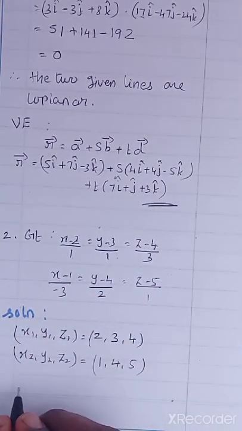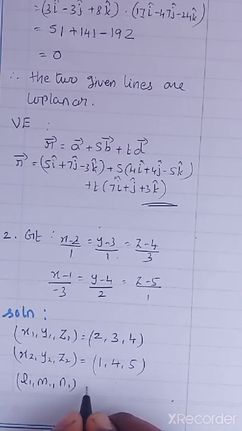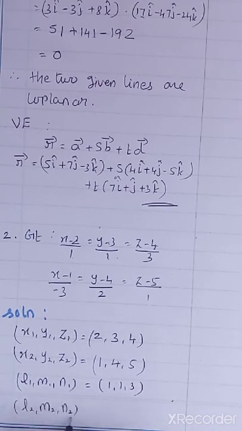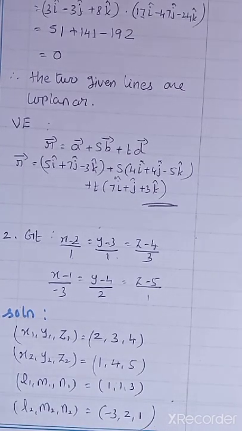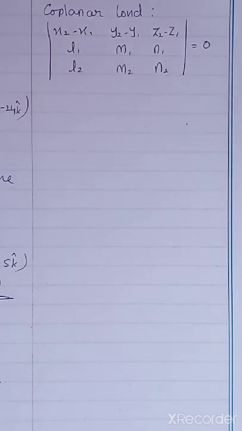This is your vector. The vector we can take as L1, M1, N1, which is equal to 1, 1, 3. And L2, M2, N2, which is equal to minus 3, 2, 1. So these are the things we have taken from the question. Is it?